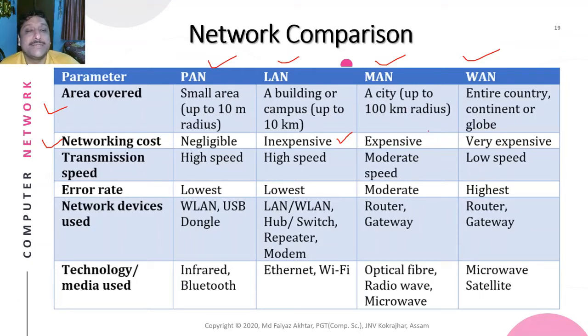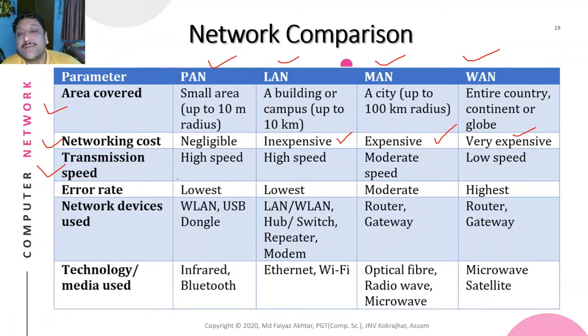MAN, metropolitan area network, is expensive to establish, and organizations or multinational companies can afford these things. Wide area network is very expensive to establish, and this can be afforded by only government or some larger corporate or MNC companies.